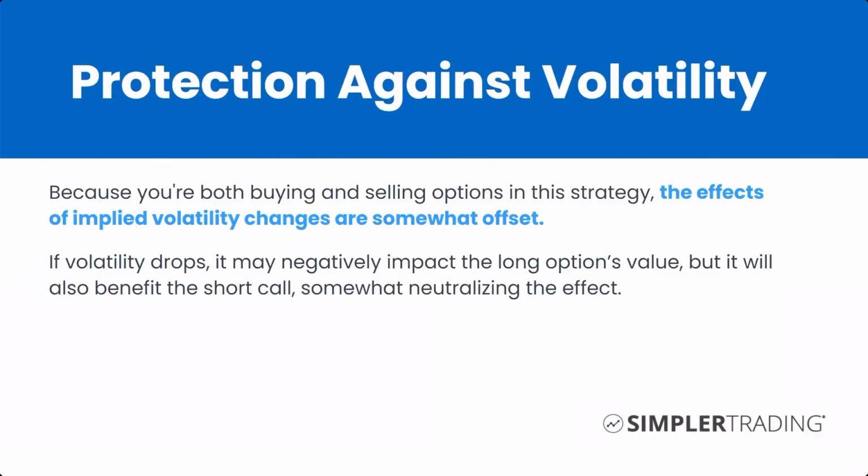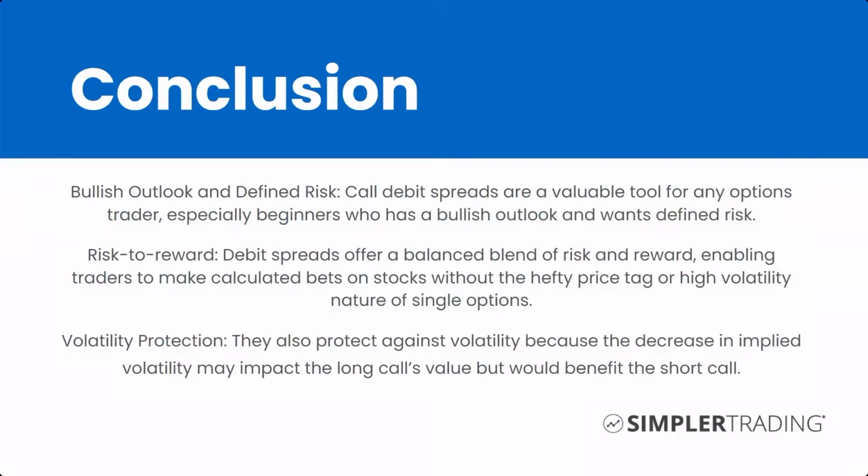If volatility drops, it may negatively impact the long option's value, but it will also benefit the short call, somewhat neutralizing the effect. So in conclusion, these are really the three main reasons why I like using debit spreads. I like using them when I have a bullish outlook and I want to have defined risk.